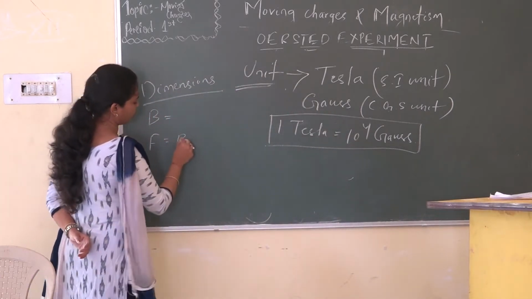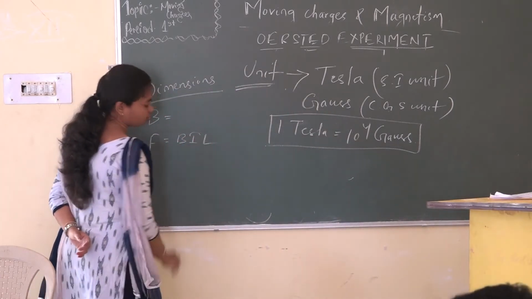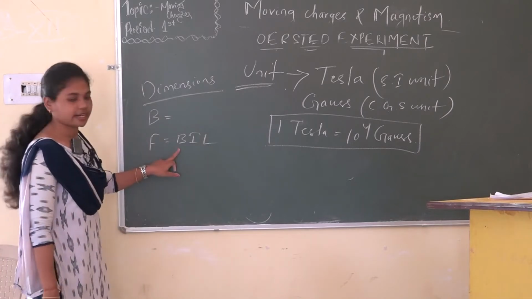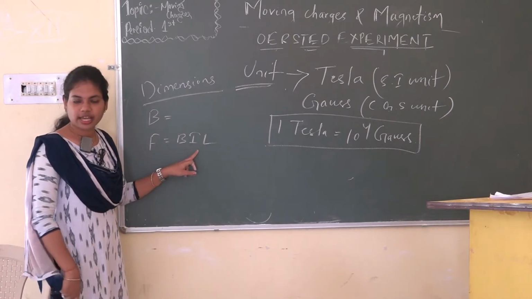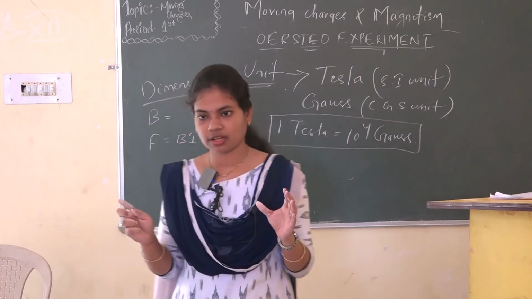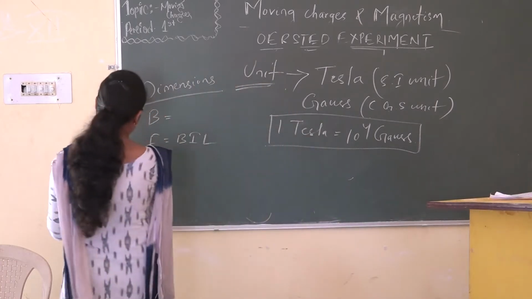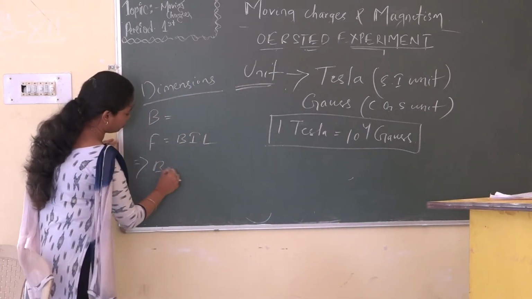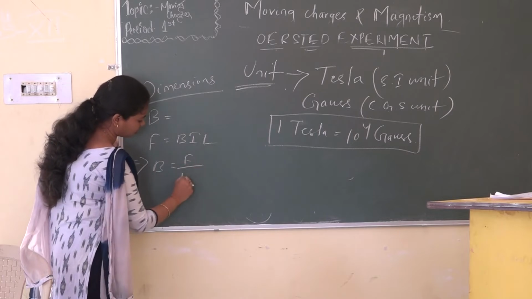Force equal to BIL. B is the magnetic field, I is the current, L is the length of the current carrying wire. Then what is the expression for B? B equal to F by IL.